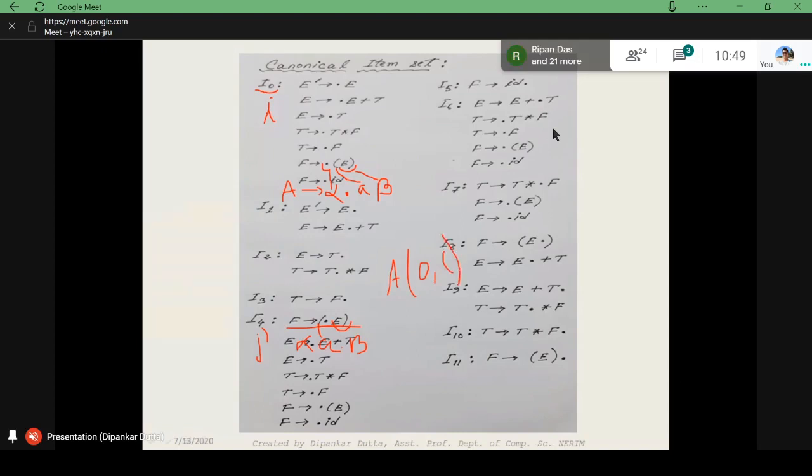What will be the output? Shift J, that is 4. Shift, in short we can write S and 4 this way, S4. Action 0, input symbol left parenthesis, and then output S4. I think it's clear.